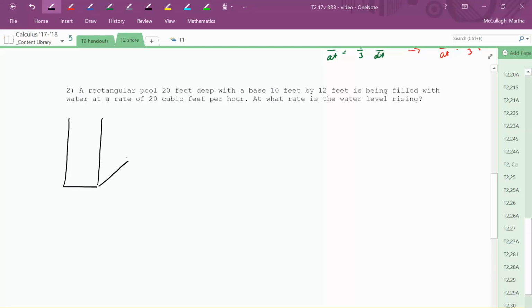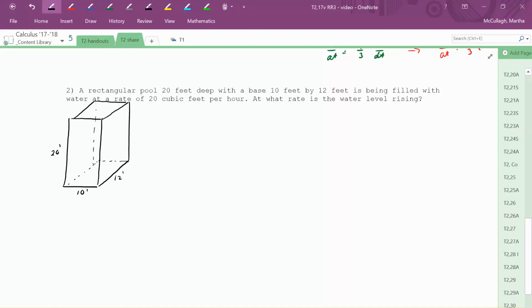So I'll do my best to draw this. Okay, so this is 10 feet, this is 12 feet, and this is 20 feet. We're going to assume a concrete pool or some rigid pool.